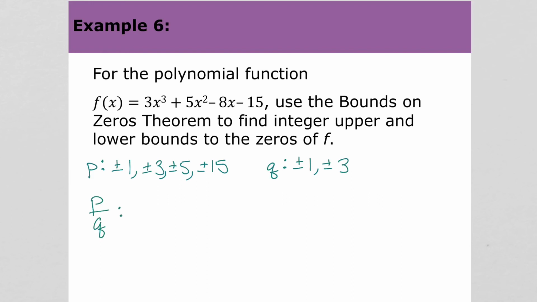So p over q would be any of these options, and then all of those over 3, so plus or minus 1/3. 3 over 3 is 1, so we don't need to worry about that. Plus or minus 5/3. And 15 over 3 is 5, which we already have. Okay?